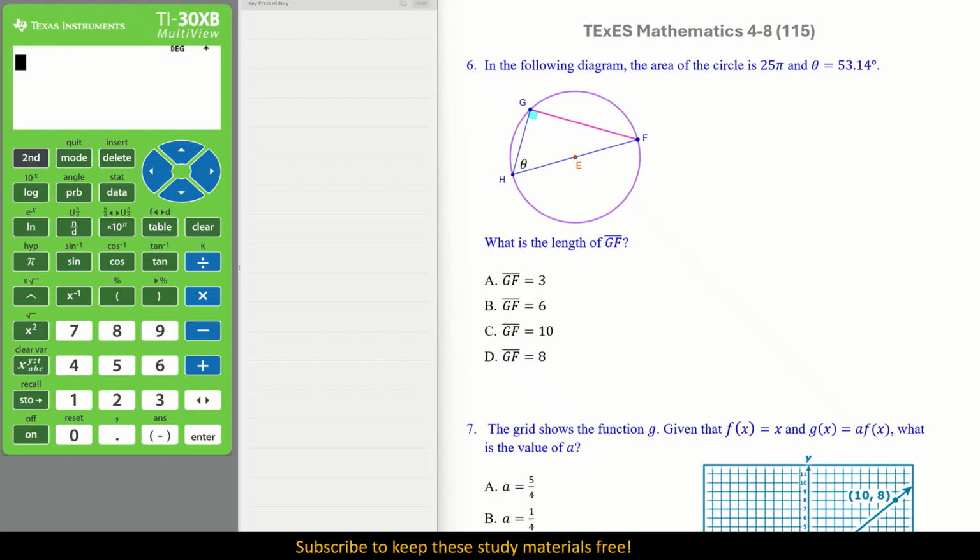And I've had this image in another video also. Not quite what you're seeing here, but very close. The question says, what is the length of segment GF? Okay, so we're trying to figure this out. Now we already know what the radius is. They gave it to us.